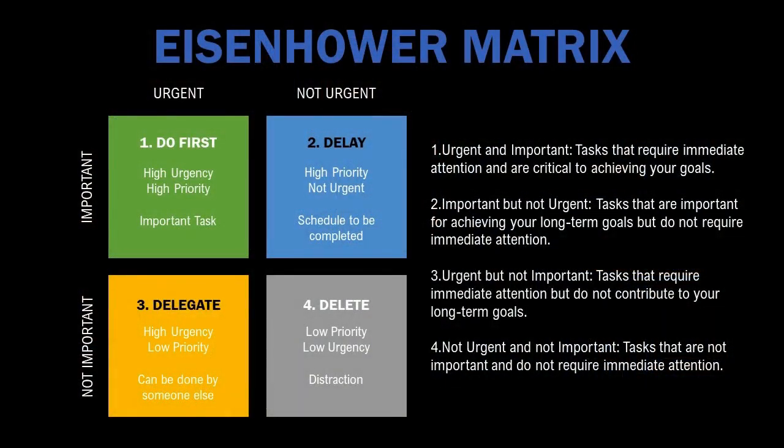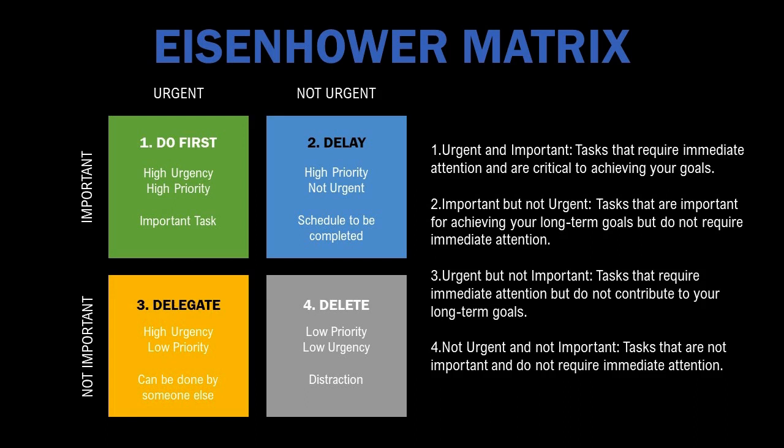And simply put, it's 4 boxes that you categorize everything into. So every task that you have on your plate or you have to get accomplished will fall in one of these 4 boxes. And now the matrix works this way. On the left side, there's not important and important. And then across the top, there is urgent and non-urgent.